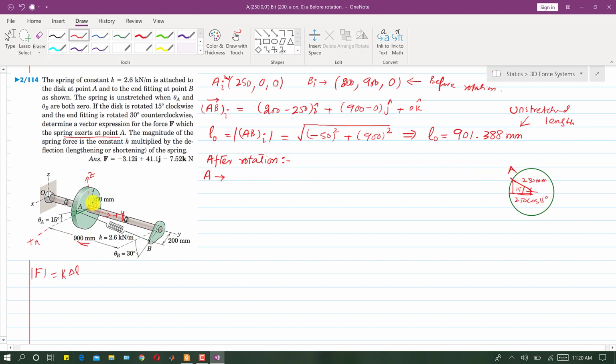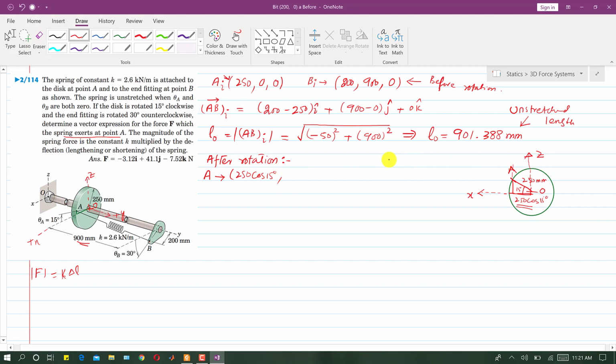Now to find the coordinates of A, if this point is the origin, and this is along the x direction, and this is along the z direction, and out of the screen is the positive y direction, then to reach this point A we need to travel along x this much distance: 250 cos of 15 degrees, right?